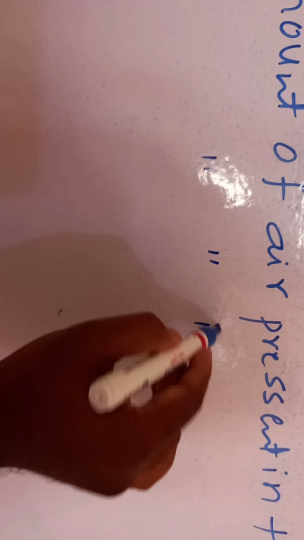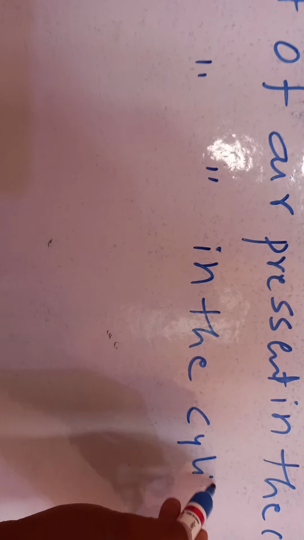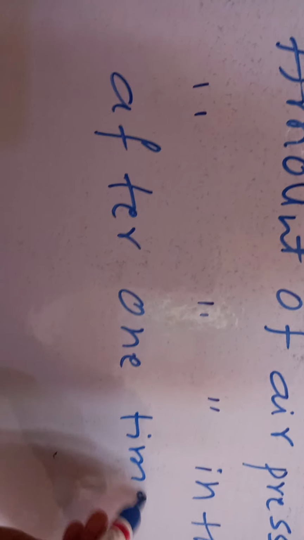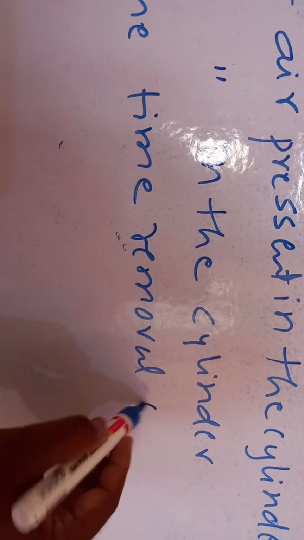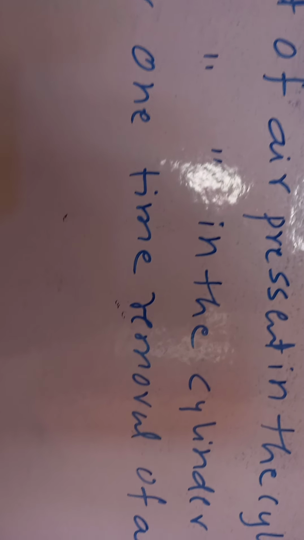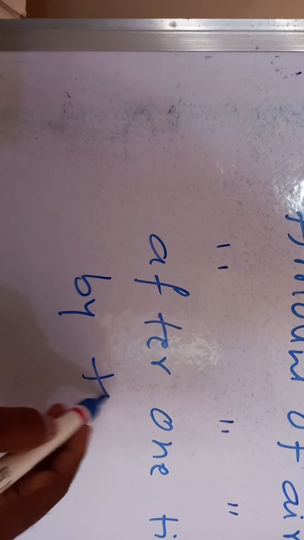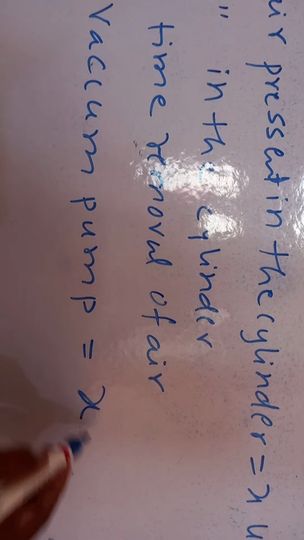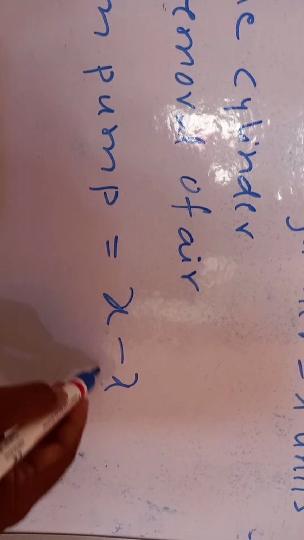Next, amount of air in the cylinder after one time removal of air by the vacuum pump is equal to... before it was x, after one time removal 1 by 4 is subtracted, so it becomes x minus x by 4.